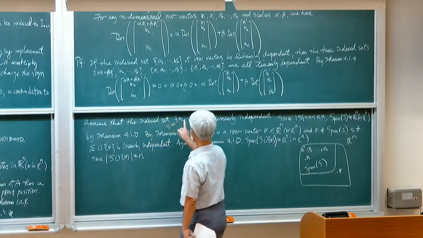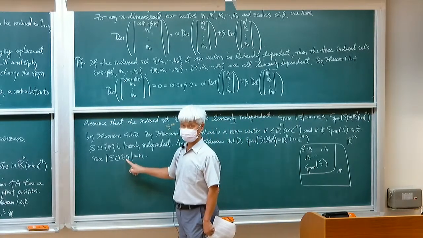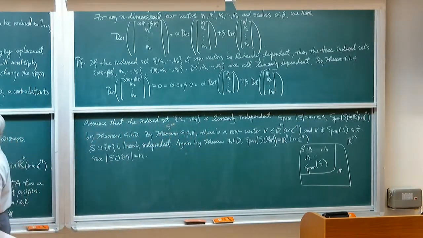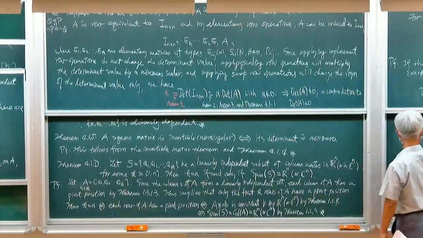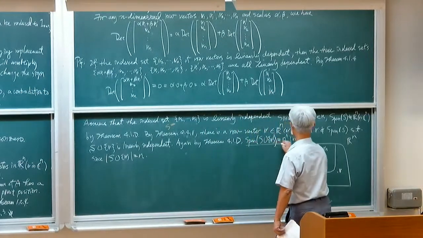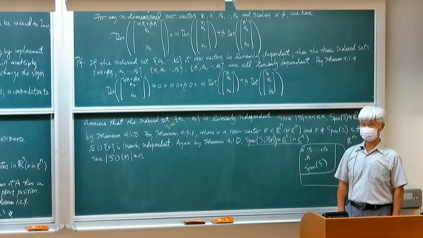Because X has size n minus 1. When you add one more vector into it, the size becomes n. And when the size is n, then the span of this set is Rn.